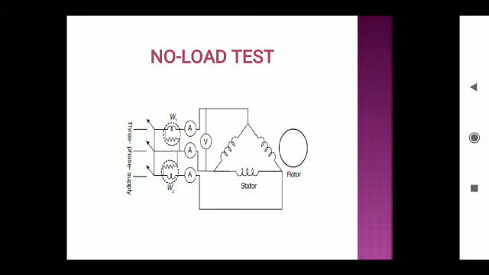Since the power factor of the induction motor under no load condition is generally less than 0.5, one wattmeter will show a negative reading. It is therefore necessary to reverse the direction of current coil terminals to take the readings.